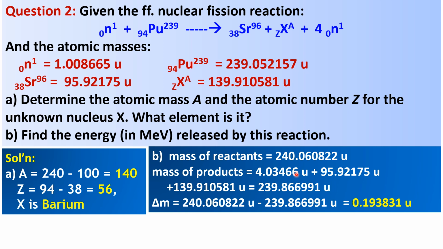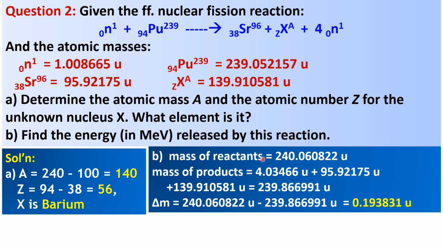We first determine the mass difference, delta M. So the mass of the initial nuclides or reactants, which is the combined mass of plutonium, 239.052157, plus the atomic mass of a neutron, which is 1.008665 U. So the mass of the reactants or initial nuclides therefore is 240.06082 atomic mass unit.